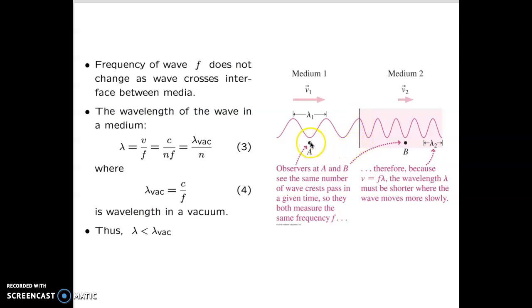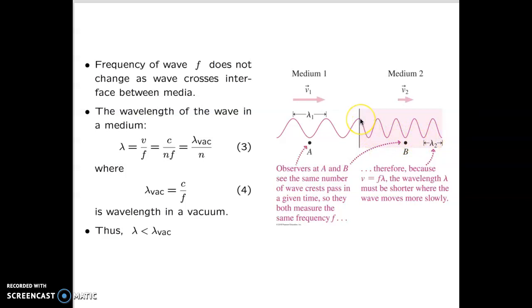If you measure 10 crests per second going by at point A, there will be 10 crests per second slapping against this interface between medium 1 and medium 2. Okay? And if you're an observer at point B in medium 2 and you're counting the crests as they go by, well, what do you notice?